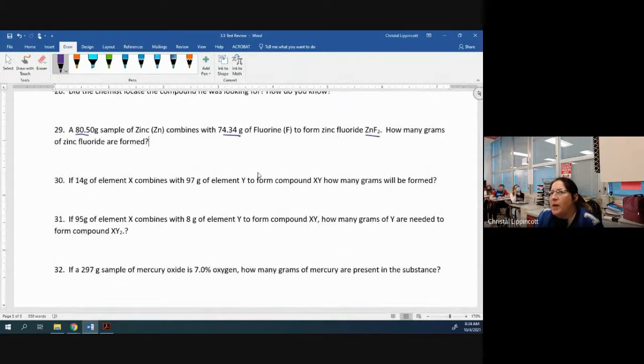So if we have our reactants here, how do we figure out how many products we made? Conservation of mass law. Yeah, we just add them together, because conservation of mass says that we didn't create anything new. All right, so 80.5.